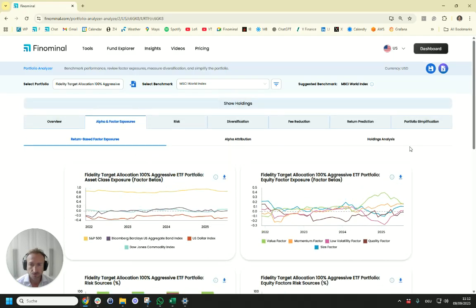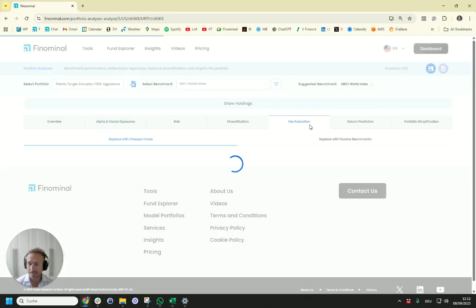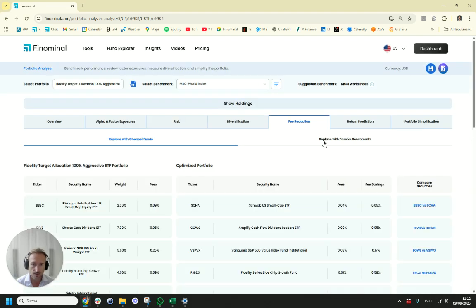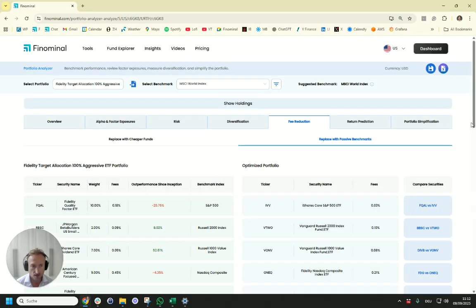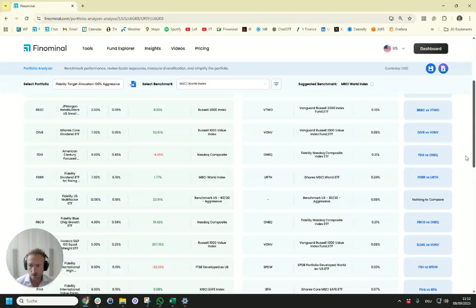Now, moving on, we can have a quick look if we can reduce the fees of this portfolio. And so we're simply going to look at if we can replace the funds in this portfolio with passive benchmarks. For example, we can see this American Century Focused Dynamic Growth ETF, FTG.